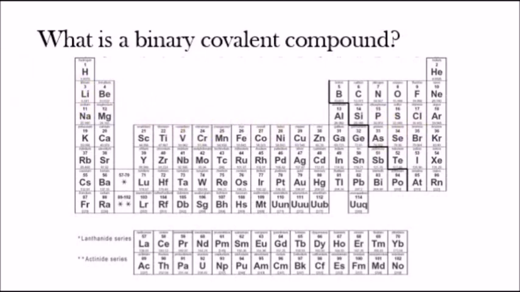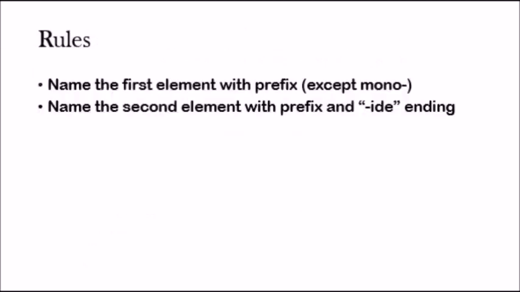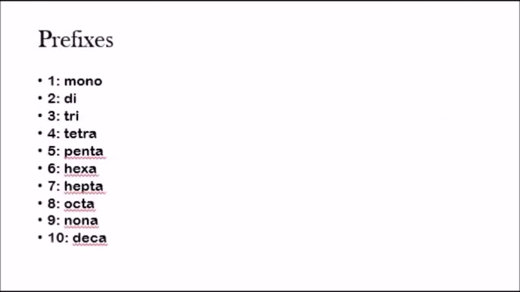And I think that will make more sense as we do a few practice problems. The way we name a binary covalent compound is we name the first element with the prefix, except for mono, and then we name the second element with the prefix and the IDE ending. So this probably makes no sense right now, but bear with me, because we're going to do a few practice problems, and this should start to lock in.